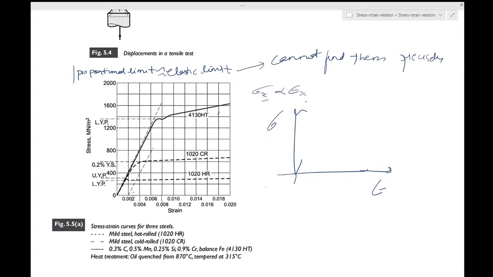In your textbook the word is permanent set, but that means a permanent strain, like even after removing the load it will have a permanent strain. Now you take up another value and come back, it should come back to 0, and so on. And you keep on doing these tests. They will not lie on the line, but I'm just drawing it like that. Keep on doing a number of tests.